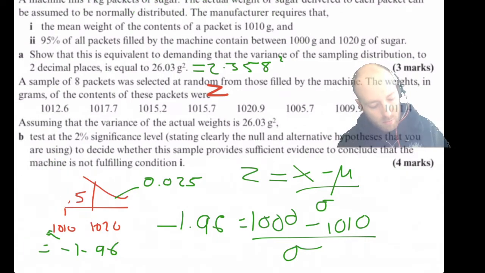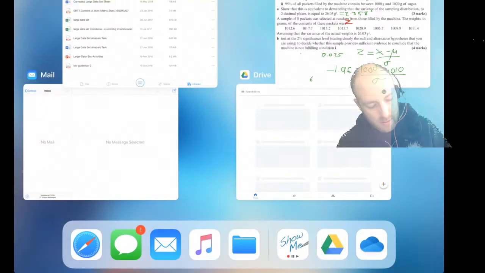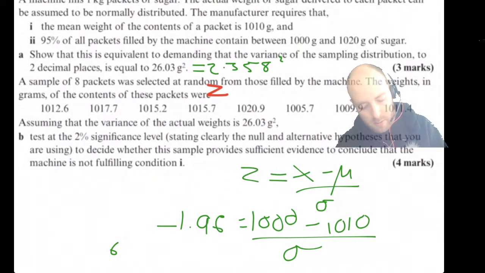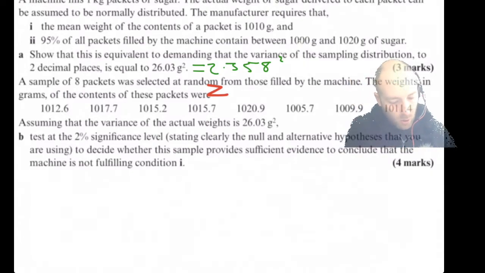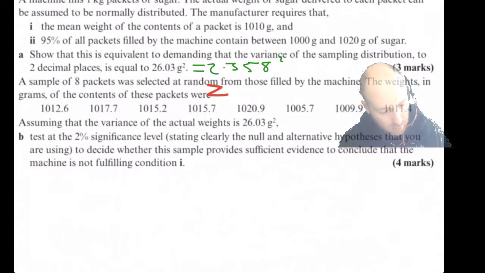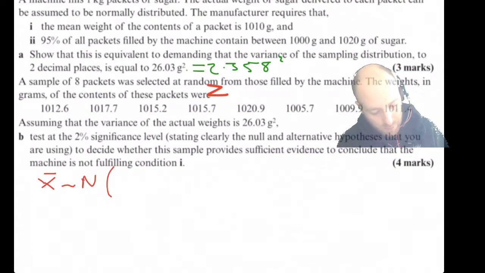Part B then. Part B is asking us to do a hypothesis test. So we've been told we've got the mean distribution. If we call it X with a bar on it, it is a normal with mean, which should be the same, so we should still have 1010.